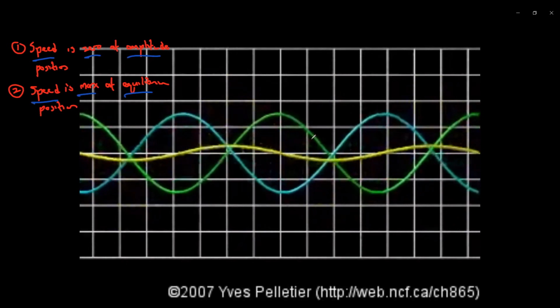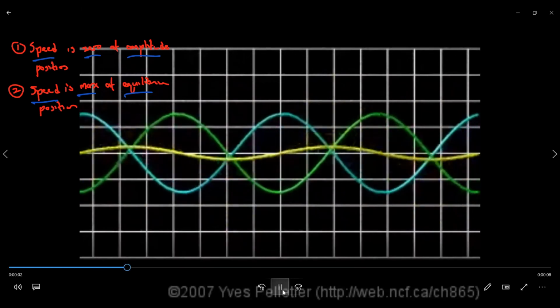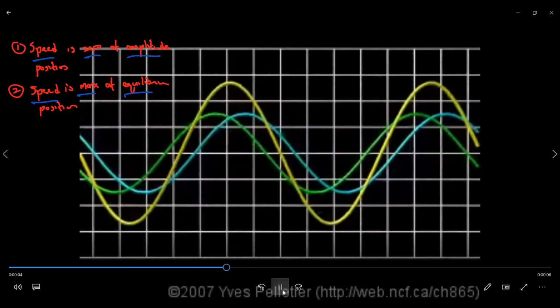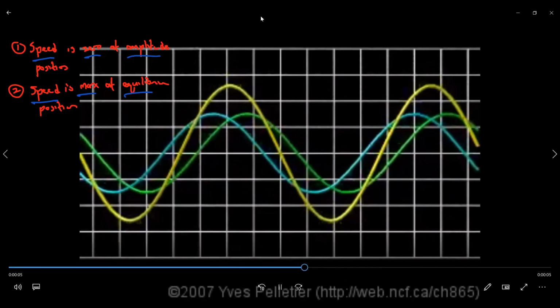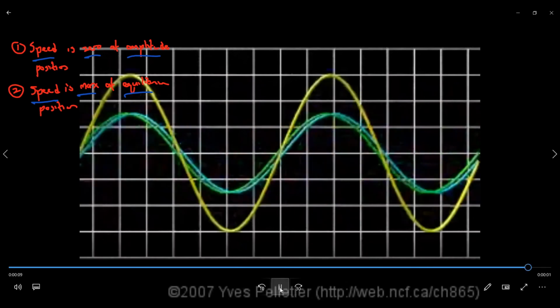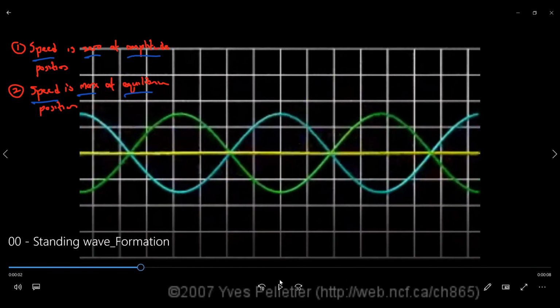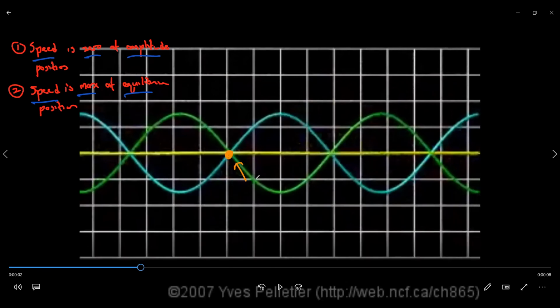So the question says to just look at the antinode position at 0 and 5 milliseconds. If right now I single out your antinode for you, say your antinode is this one here.